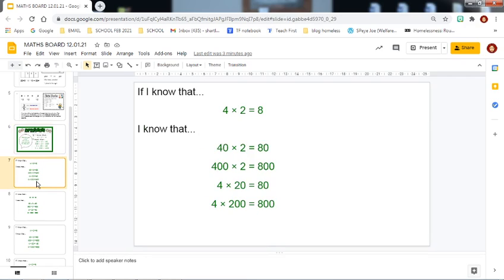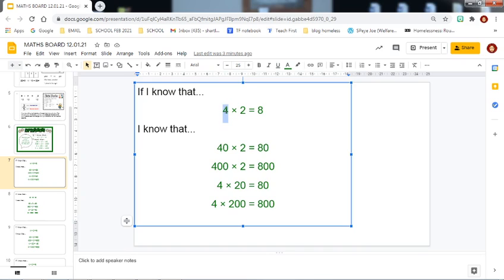Here's another example, but in this example I've started with 4 times 2 equals 8 as my known fact. And you can see that I've used the same strategy of making the number 10 times greater.